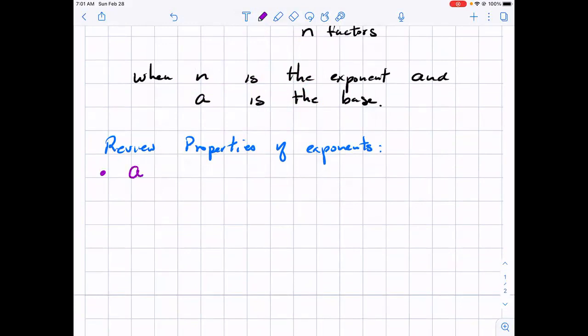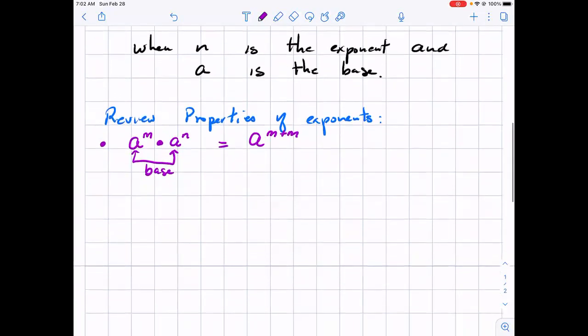If we have a to the m power times a to the n power, if the base is the same, we keep the base and we add the powers. So notice when we're multiplying, if the bases are the same, we keep the base, always add the powers.